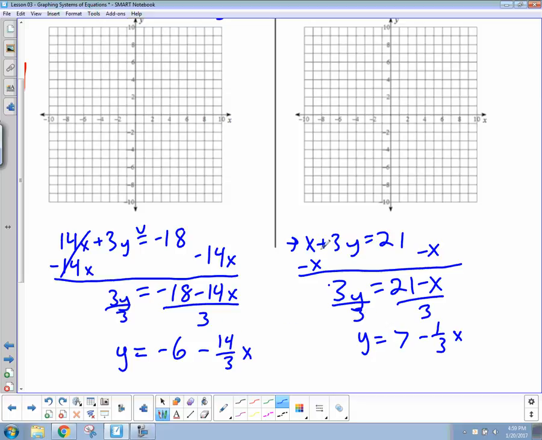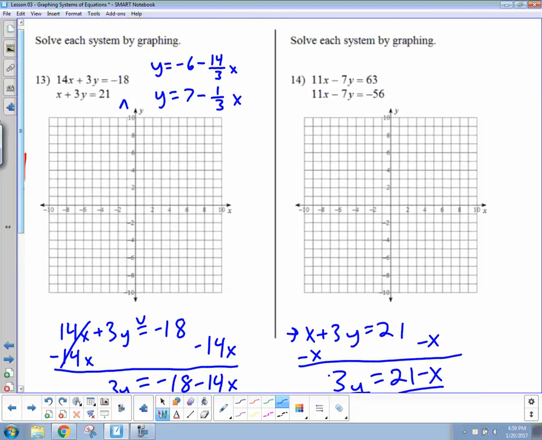The second one, x plus 3y, again, subtract x from both sides, then divide by 3, and we get 7 minus 1/3 x, okay? I brought those up here, now it's time to graph them. Start with your y-intercept, negative 6.